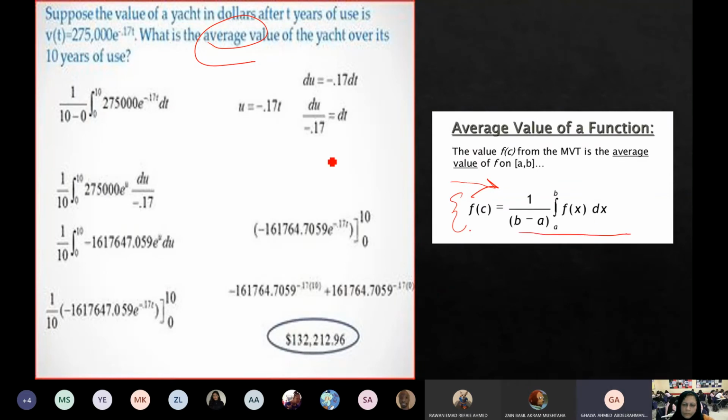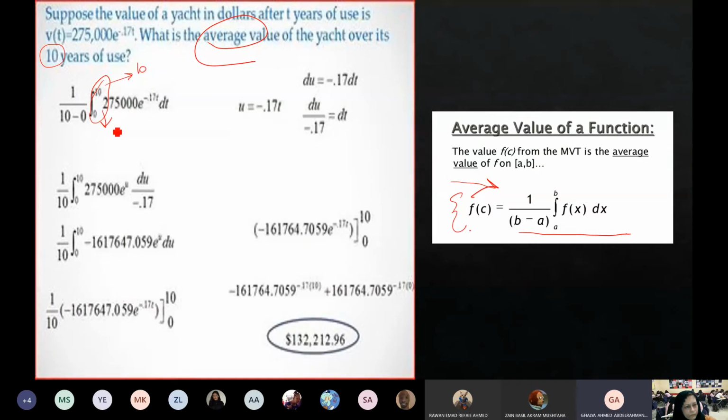Okay, so the first step is how we're going to use the upper limit and lower limit of an integrand in a real life application. We will have here v of 0 equal to 275,000 e raised to 0, so that we can find the a, and then we will replace b by the 10 years in the question. We will use the substitution method.